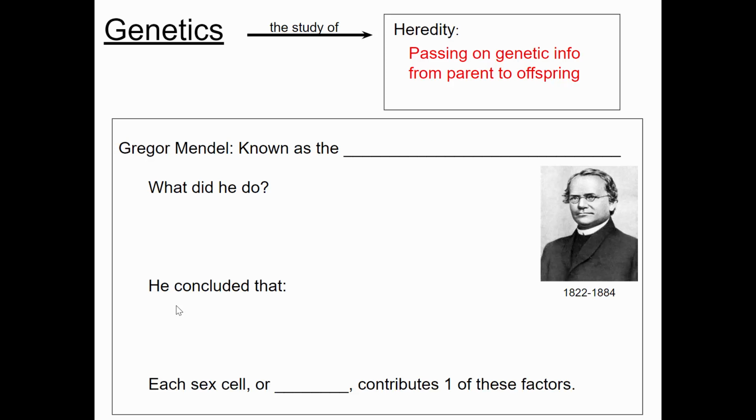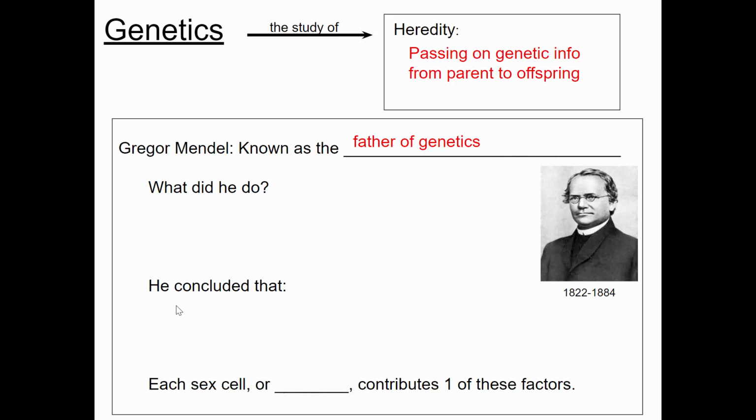And so this gentleman here is Gregor Mendel. He is sometimes called the father of genetics. Why? Because he did the original research that started to bring together the ideas about how traits are inherited from one generation to another.